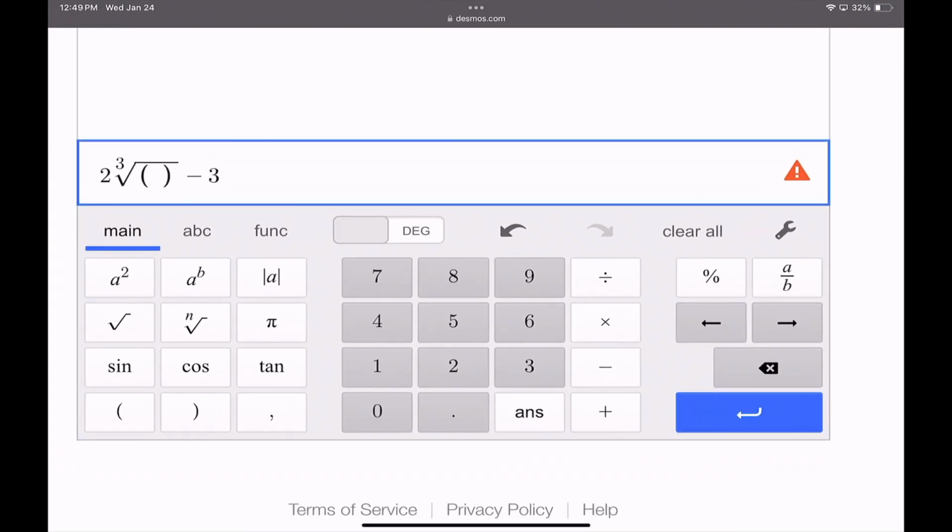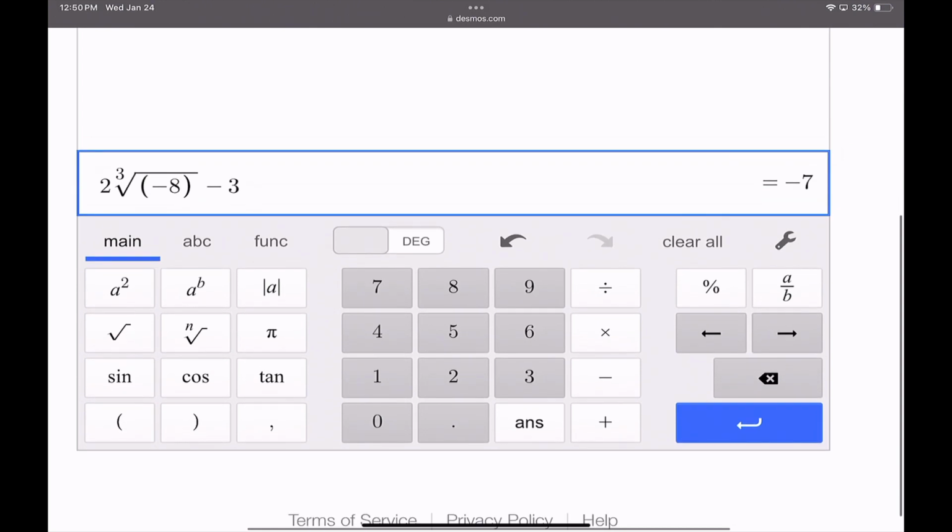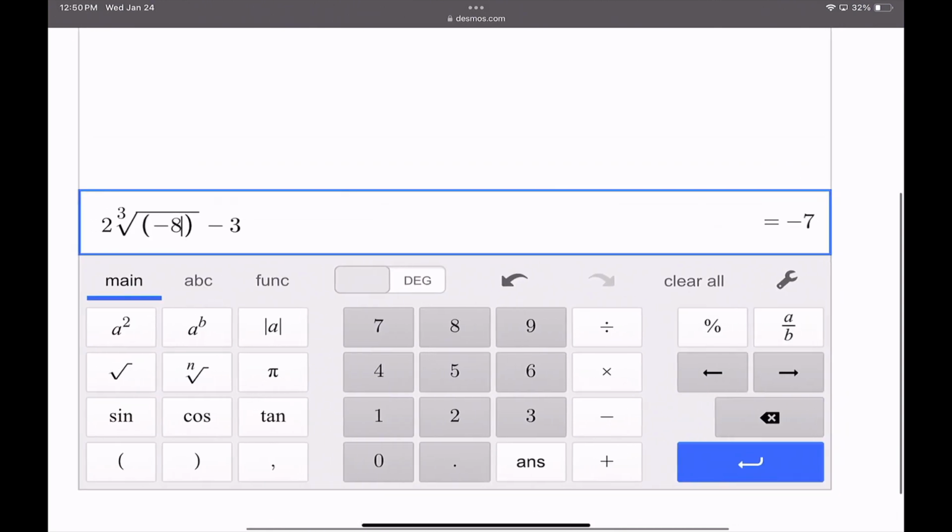First one, -8. When I plug in -8, you get -7.